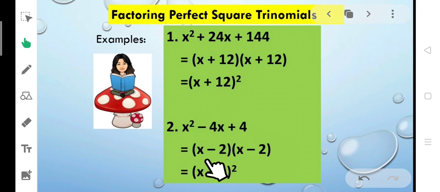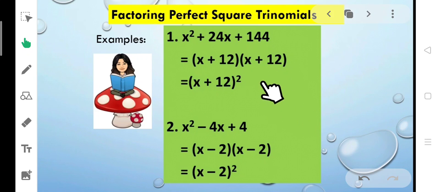So you have noticed that these two binomials are the same. So we can rewrite it this way: the square of x minus 2. So always remember that the perfect square trinomial has two binomial factors that are the same.